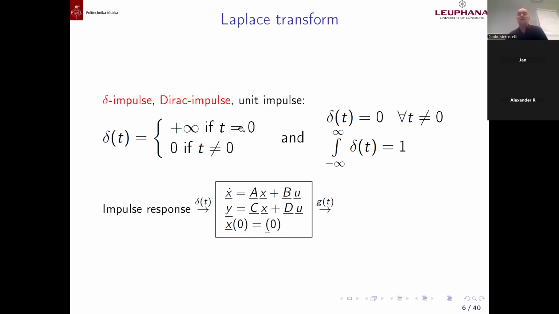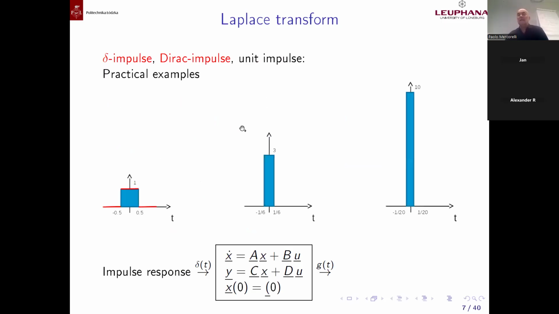I invested 2 lectures about the delta, and this we can skip directly, but I would like to nevertheless emphasize this picture here in the lower part of the slide, in which we can see clearly the impulse response. I consider an input signal, which is delta, and I obtain in output the impulse response.